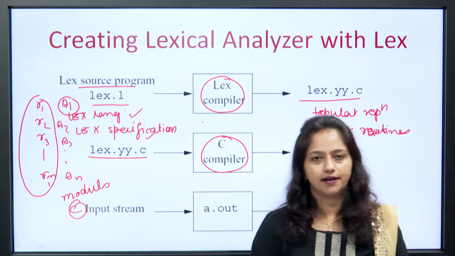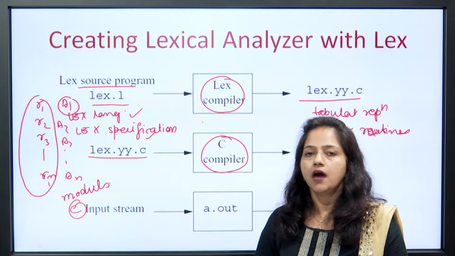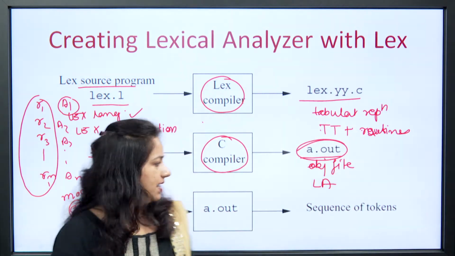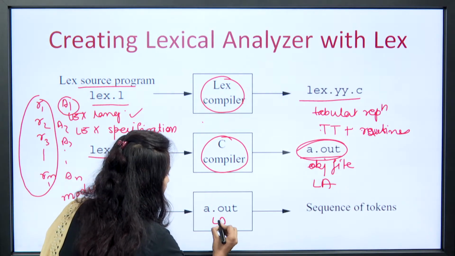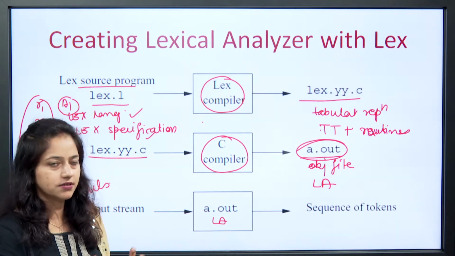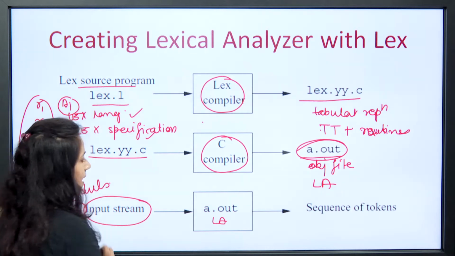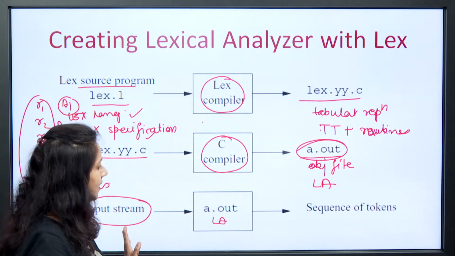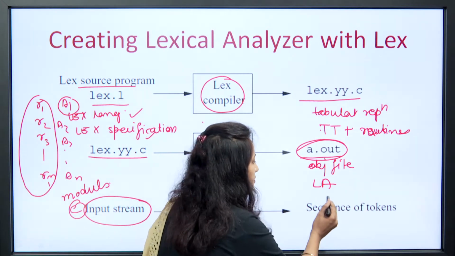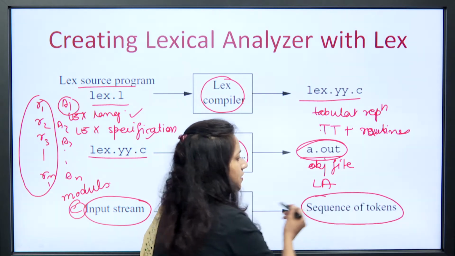This is the lexical analyzer that we have produced. Now, the next step is that we pass the input stream, our source program, to the lexical analyzer a.out, and it will produce the sequence of tokens.